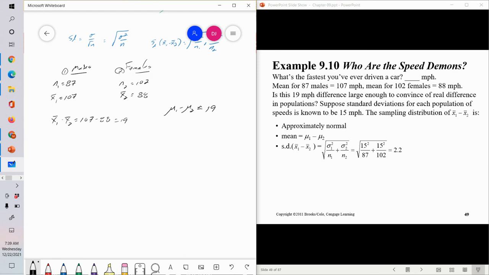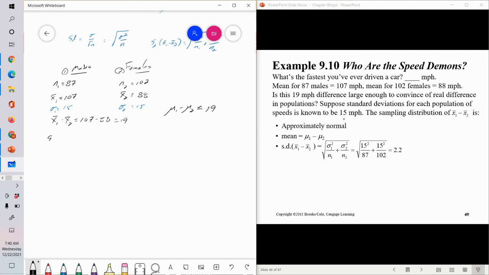Now we're going to make a supposition. Suppose the standard deviations for each population of speeds is known to be 15. So we're working under an assumption here, and that's okay for now, that the population standard deviation for both men and women is 15.